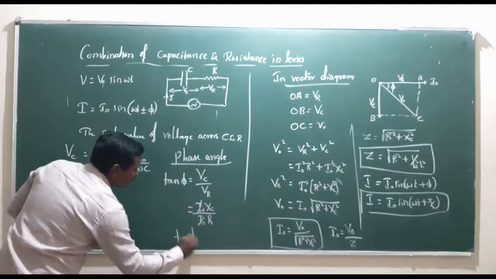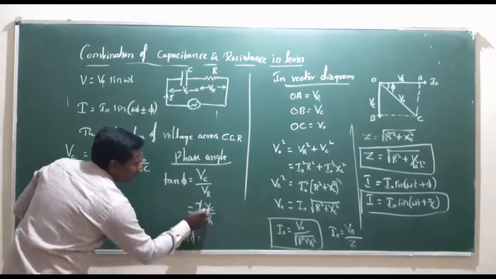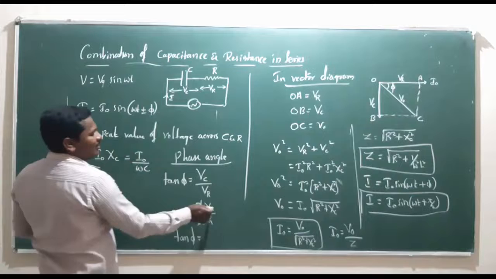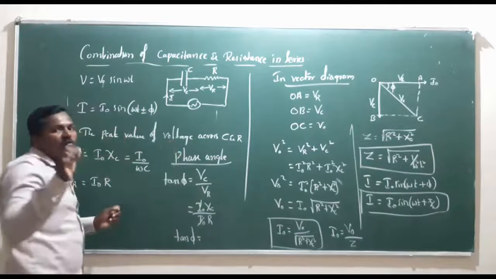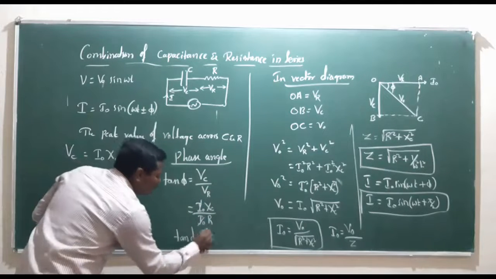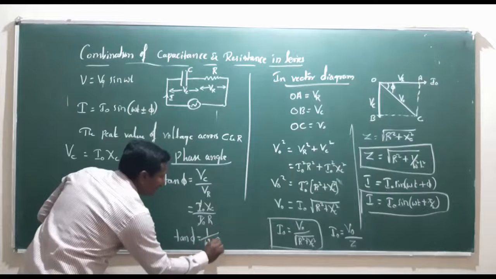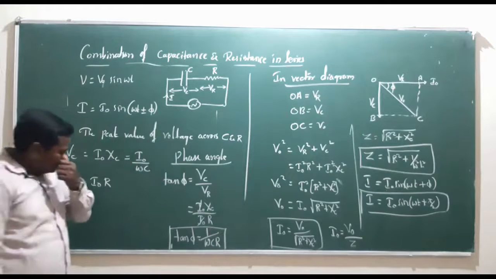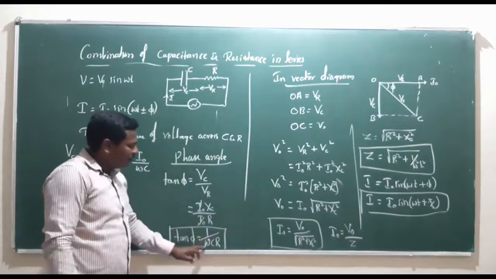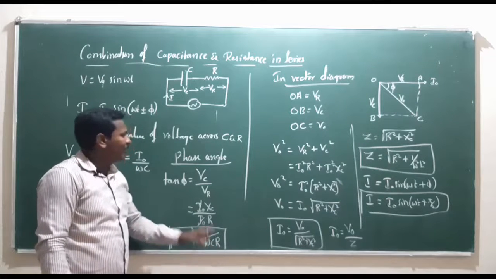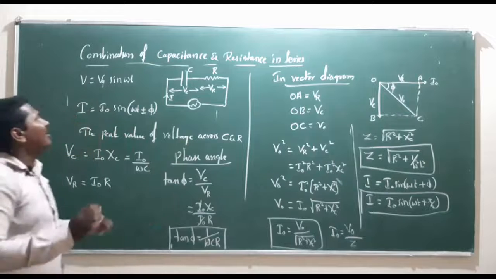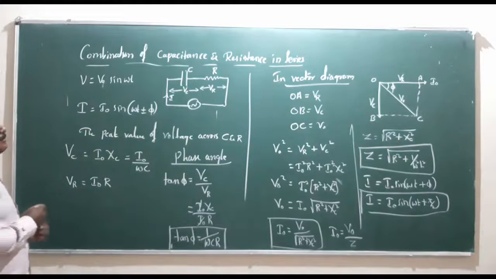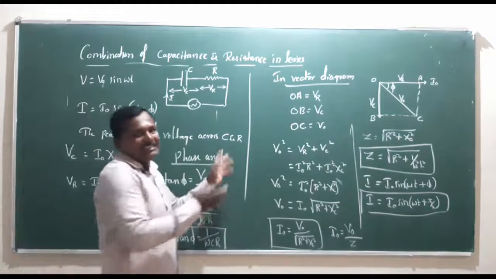Therefore, tan of pi is equal to chi C, the capacitive reactance, which can be written as 1 over omega C. Therefore, tan of pi is equal to 1 over omega C into R, and this is the expression for the phase angle for the combination of capacitance and resistance in series.